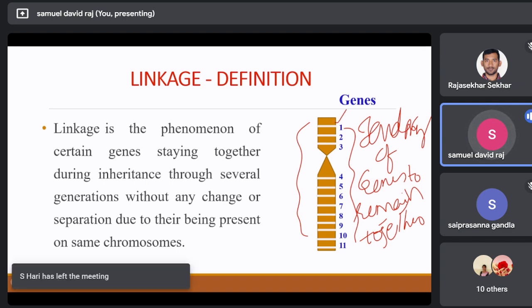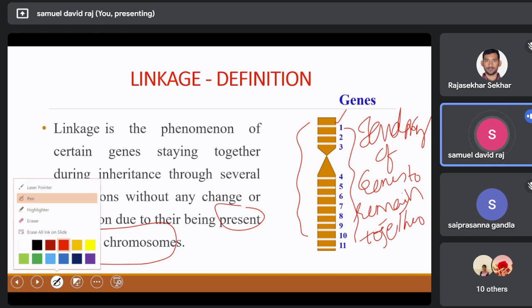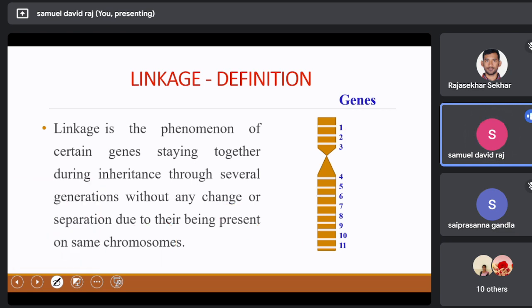That means 1 is followed by 2, 2 is followed by 3, like that, in their original combination from one generation to another during the process of inheritance. Why does this happen? Because they are present on the same chromosome. And such a phenomenon is called linkage.